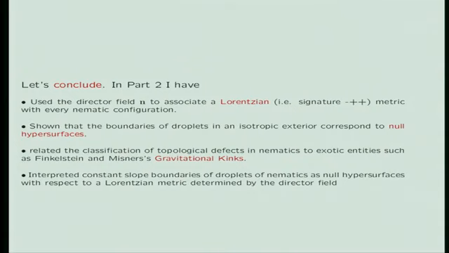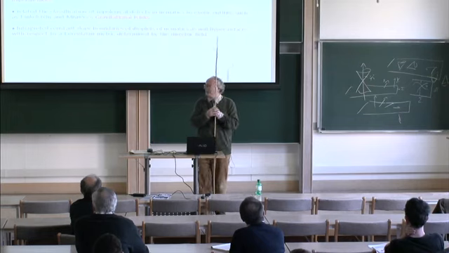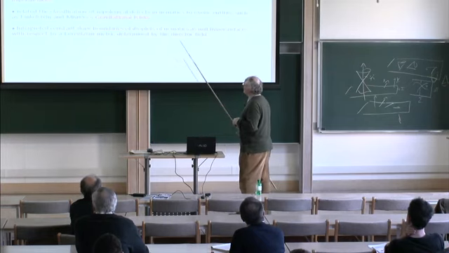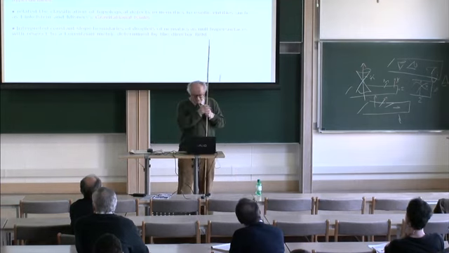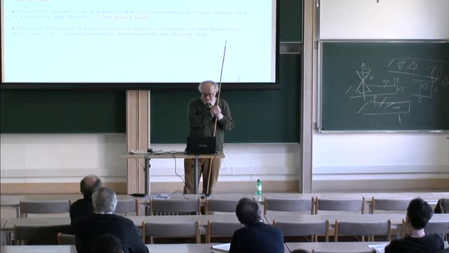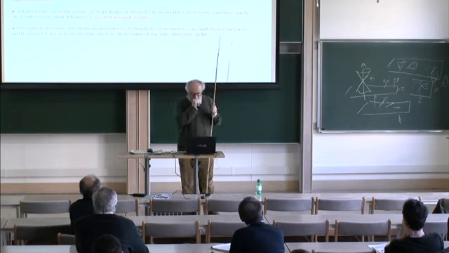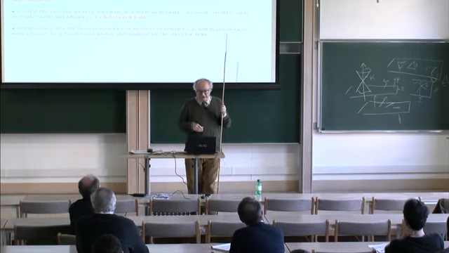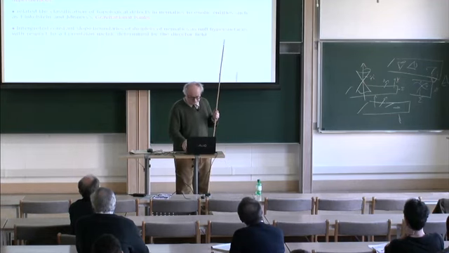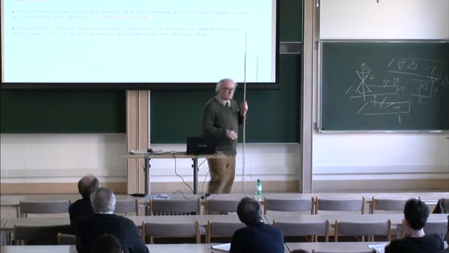And I've shown that the boundaries, for example, of droplets in an isotropic exterior correspond to null hypersurfaces. These surfaces have been studied quite a bit recently by some geometers under the name of constant slope surfaces, not, I think, realizing what their interpretation is. Now, that's more or less all I've got to say.